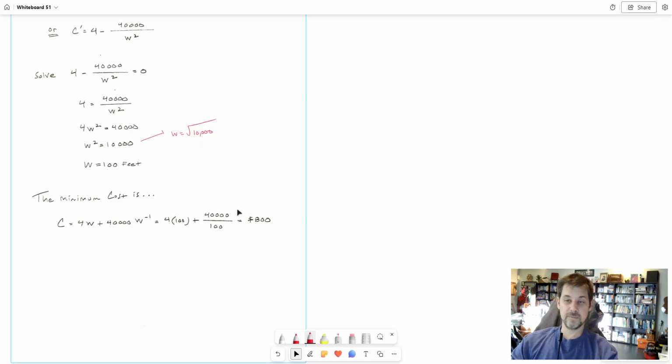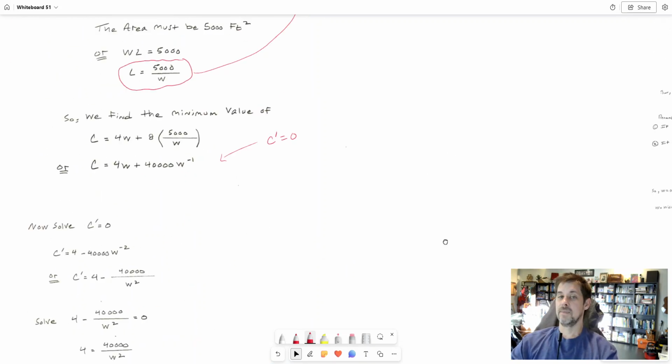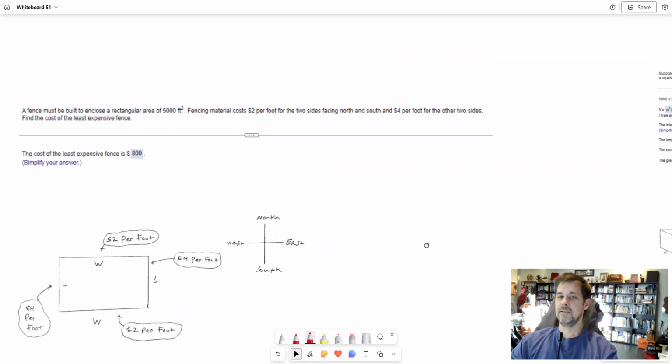I can use my calculator at this point, and that turns out to be 800. 800 what? 800 feet? No, $800. The cost is in dollars. And that's my answer, right? The cost of the least expensive fence is $800.